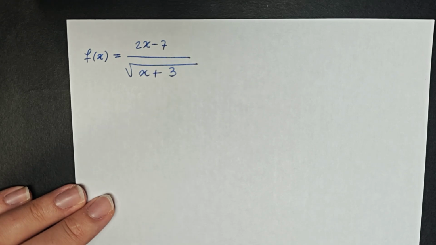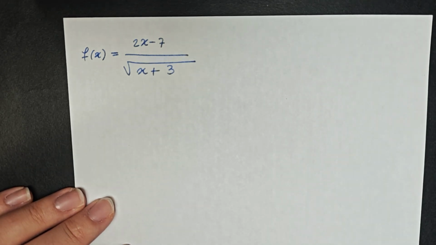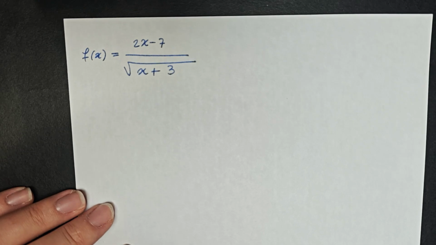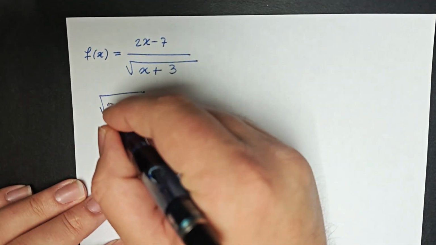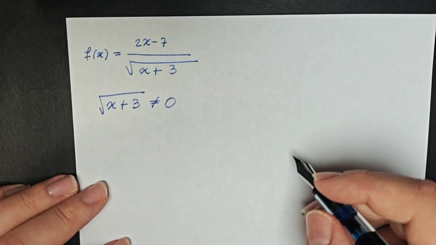If you recall, we have already done quite a few examples with fractions. In all of those examples, we had one condition that had to be respected, and that was the denominator of a fraction has to be different than 0, as division by 0 is not allowed. The same thing applies here. So the denominator, which is the square root of x plus 3, has to be different from 0.